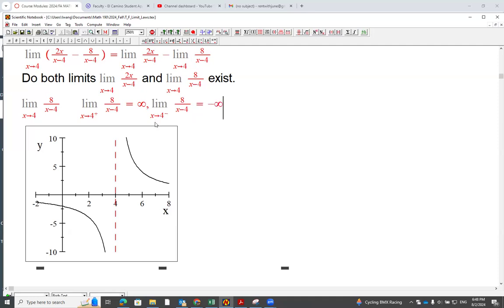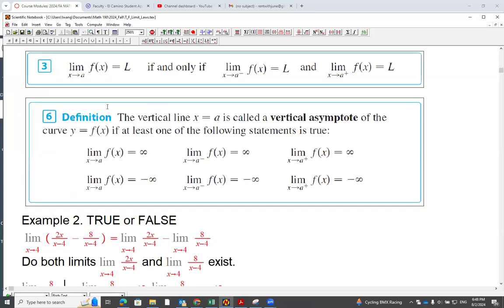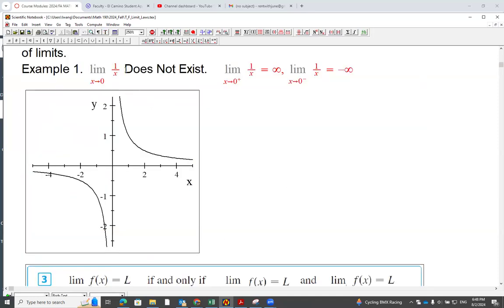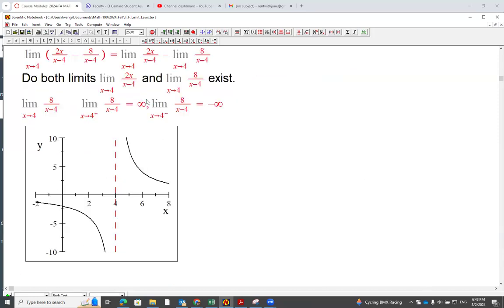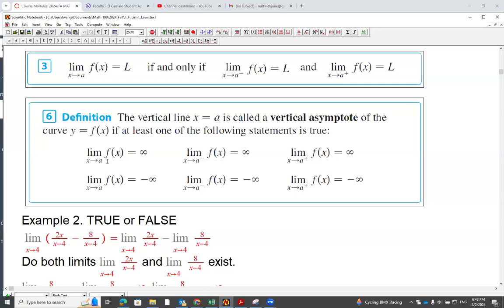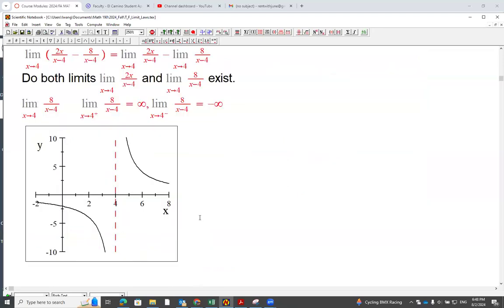So apparently this limit does not exist, just like the example we talked about earlier. In fact, this function in the second example is a tweak of 1 over x. So this does not exist.